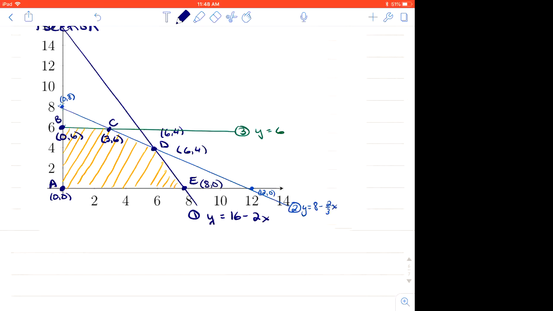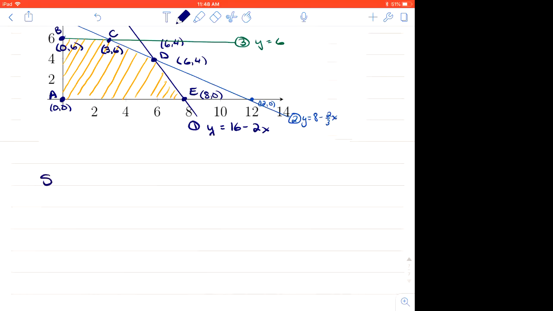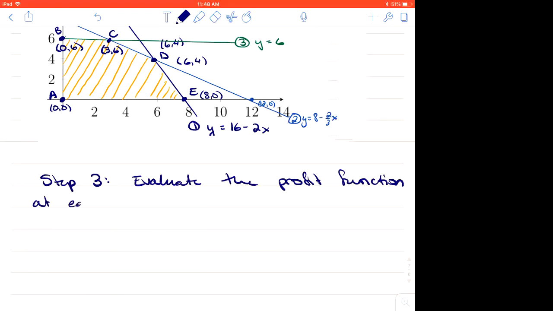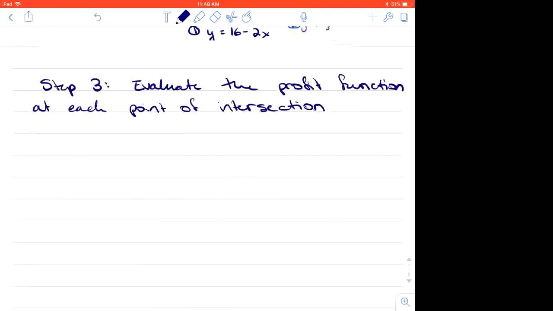Home stretch, step 3. Evaluate the profit function at each point of intersection. Right, so I'm making a table here.